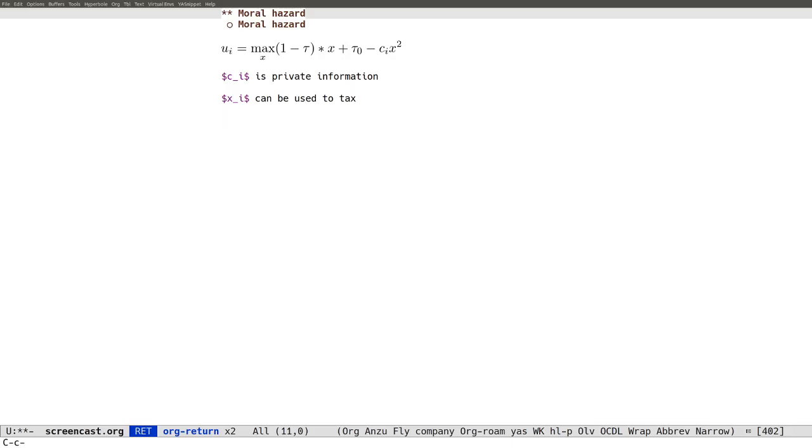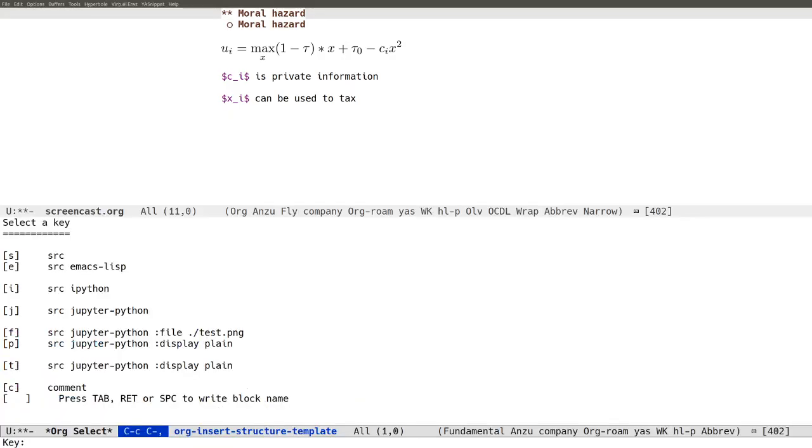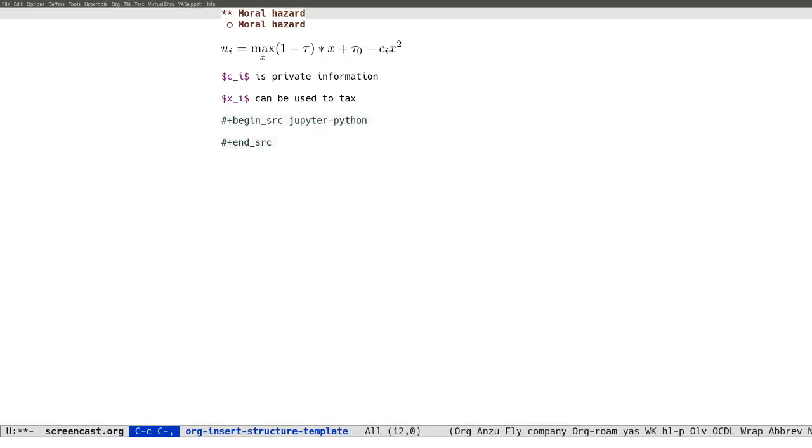So we're going to generate an economy where we have a vector of cost levels, and this time I'm going to use PyMC3 to generate this vector instead of TensorFlow.